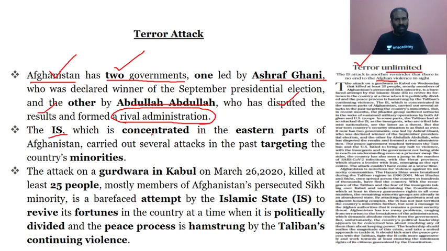Now IS is also giving a tough time to the Afghan government. IS has a stronghold in the eastern parts of Afghanistan, and they have carried out various attacks in the past, targeting the minorities. That means the minorities living in Afghanistan are targeted not only by IS now but also by the Taliban in the past.